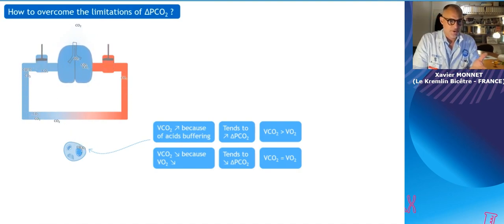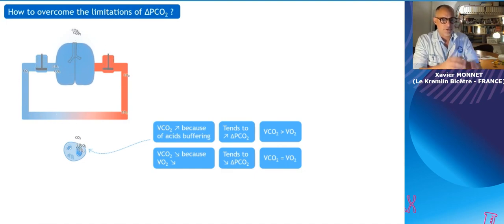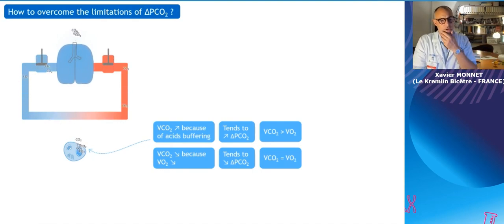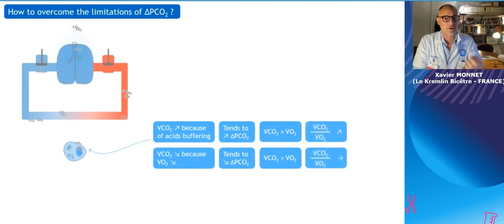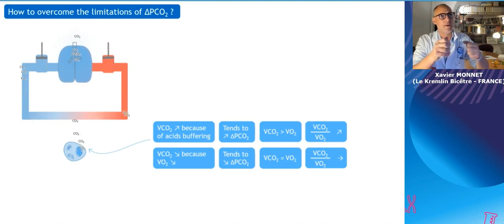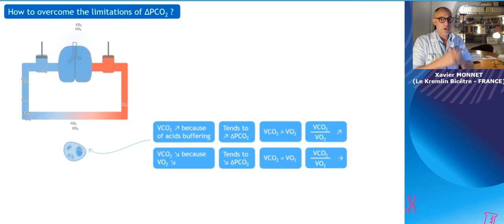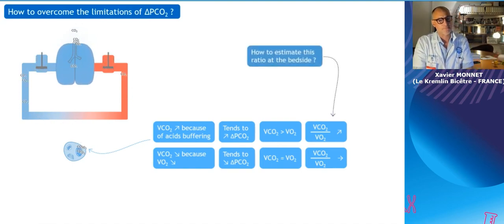On the opposite, the fact that VCO2 decreases because of the VO2 decrease expresses that in such a case VCO2 equals VO2. So let's calculate the VCO2 over VO2 ratio. It's increased mainly in case of acids buffering, which is a main mechanism in case of tissue hypoxia. This is in fact the respiratory quotient.